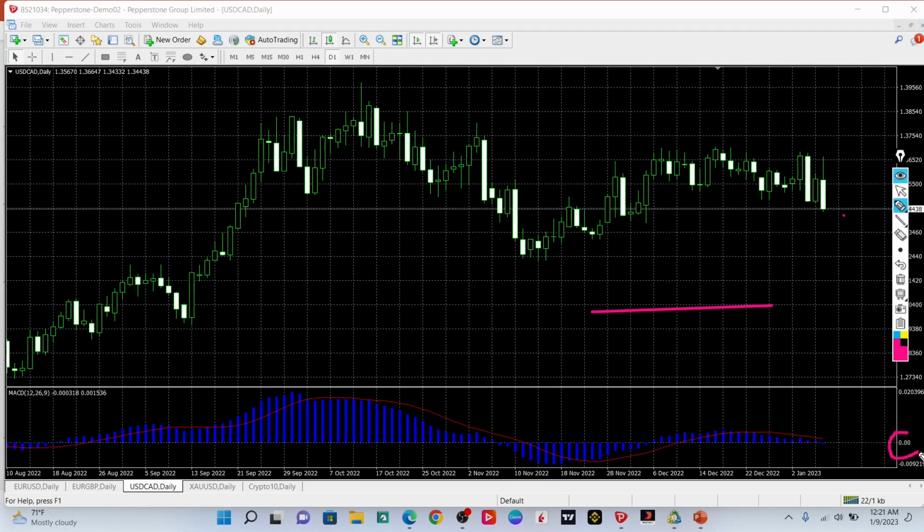We have the signal line, which is this red line. When the price crosses above the zero line, we get a bullish signal. We are going to buy. And then when the price moves and the signal line crosses below the zero line, it becomes negative, and that means to sell. As simple as that. That's how the MACD works.